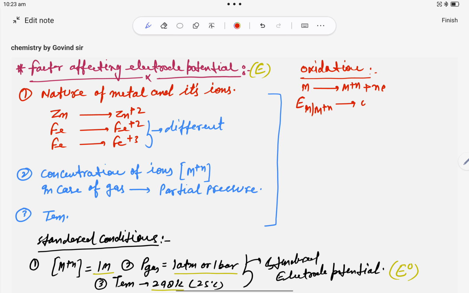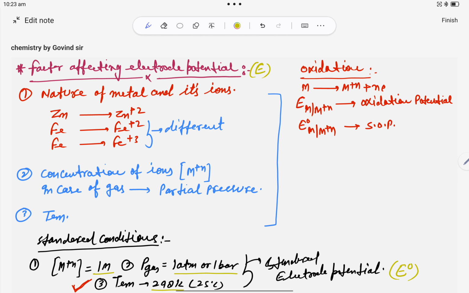It is your oxidation potential. Standard, if you want to write, then E naught. Standard means I told you these conditions. That is called standard oxidation potential, SOP.